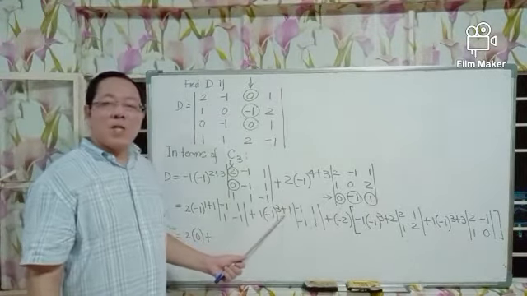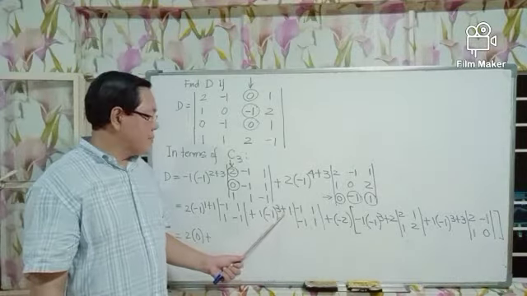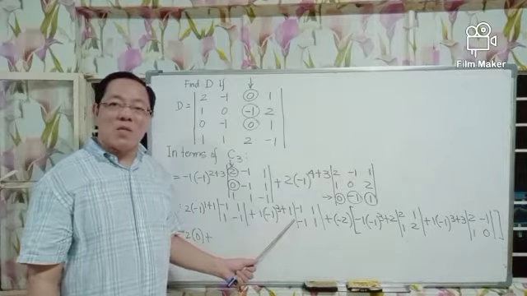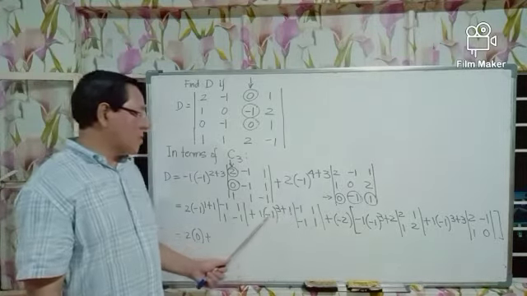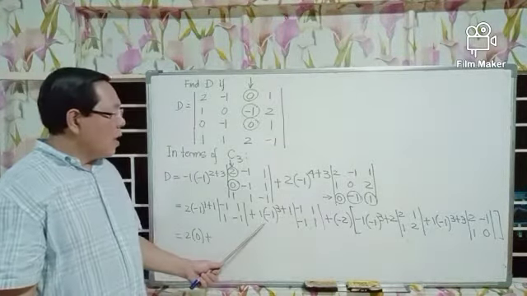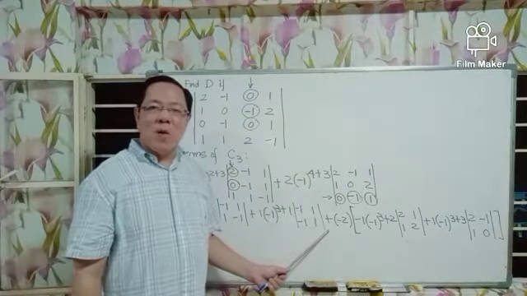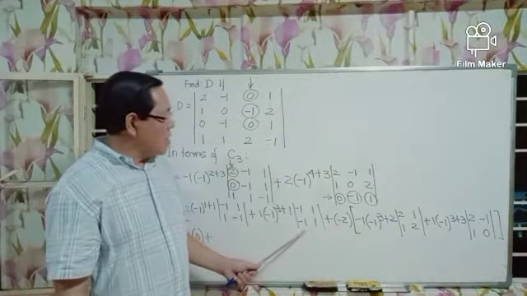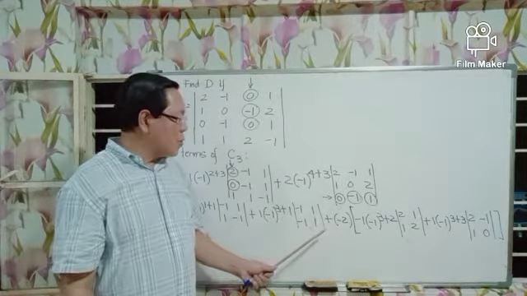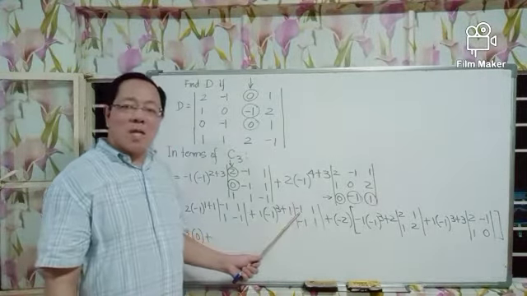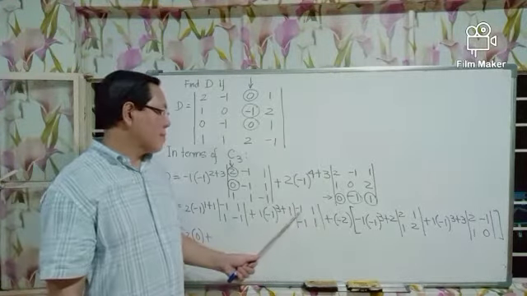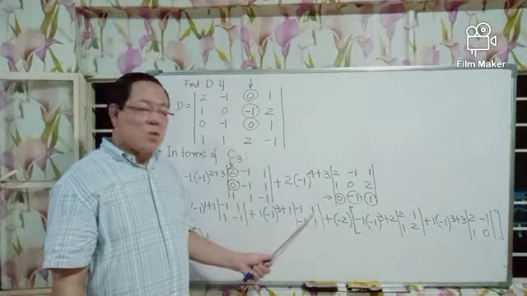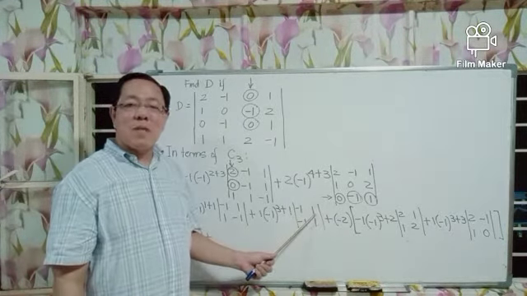Negative 1 raised to 3 plus 1 is 4. Negative 1 raised to 3 plus 1 is equal to negative 1 raised to 4, which is equal to positive 1. Multiplied by 1 is 1. And 1 multiplied by this determinant of order 2 is equal to this determinant of order 2. And this determinant of order 2 is equal to 1 multiplied by minus 1 is minus 1, minus negative 1 multiplied by 1 is negative 1.